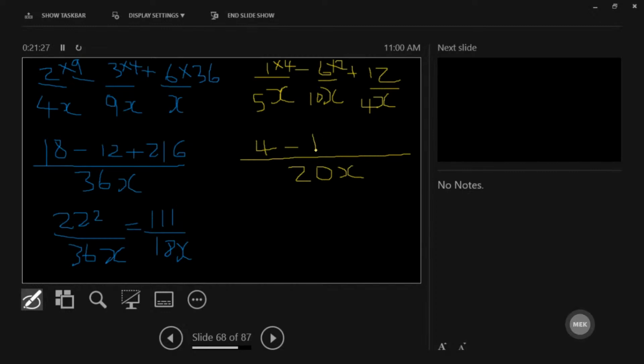And 6 2s are 12. 4x into 20x goes 5 times. 12 5s are 60. 4 minus 12, that's negative 8. Plus 60, that will be 52 over 20x. And reducing that by 4, that will be 13 over 5x.